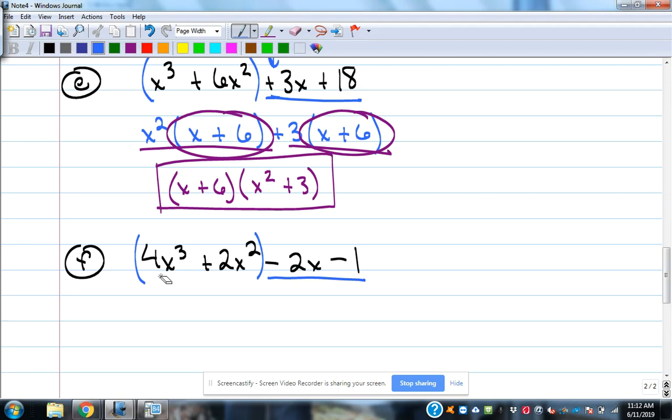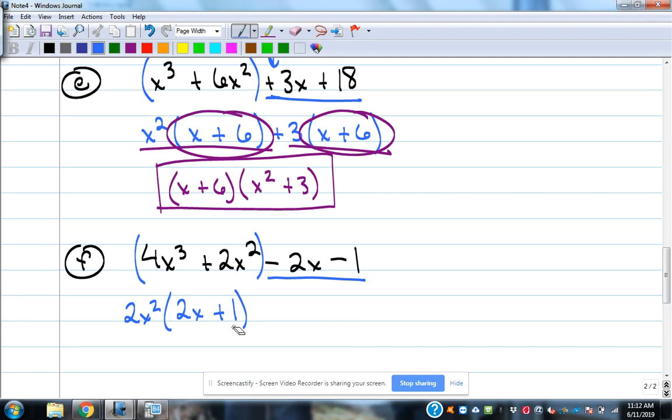What's the GCF of 4x cubed and 2x squared? 2x squared. Good job. What times 2x squared would give me 4x cubed? 2x. What times 2x squared would get me 2x squared? 1. So that's going to be 2x squared, parentheses, 2x plus 1.